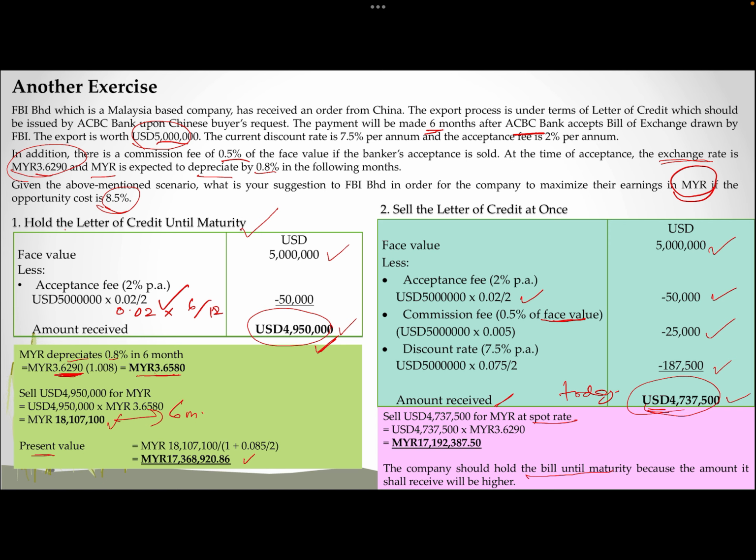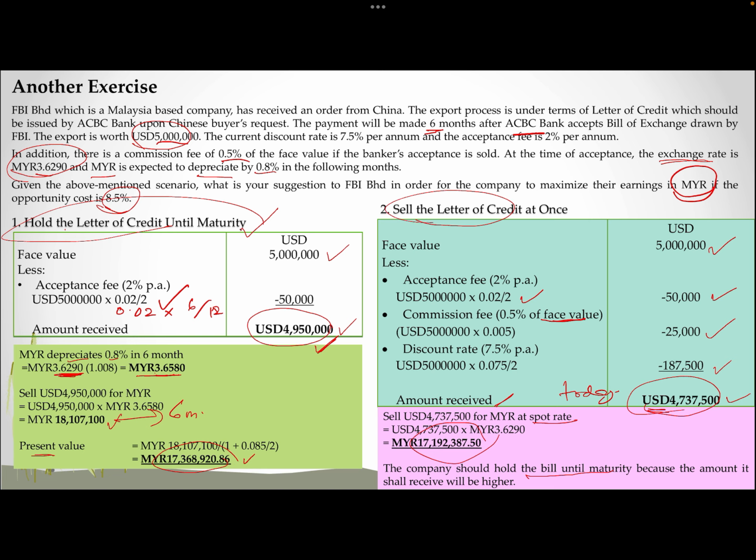Why do we choose until maturity? Because the value is higher compared to selling at once. Whatever it is you have as a seller, we tend to choose the value which is higher. It can be this option or it can be the seller sells at once.